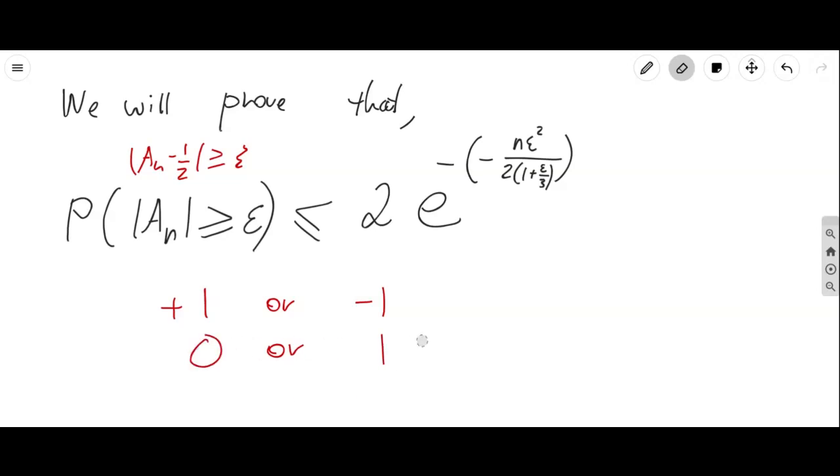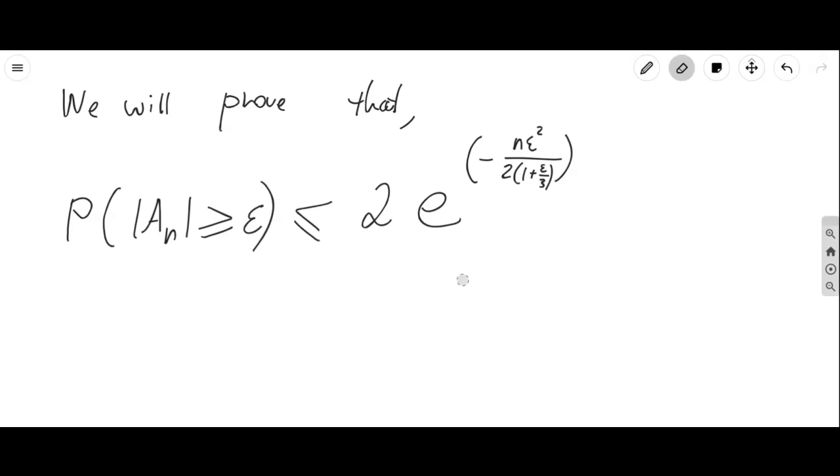And I believe, going off memory, when you do it in this modified case, the inequality comes out to be 2e to the negative n epsilon squared. So it comes out easier to memorize how it's supposed to go. But in this version, when you use plus and minus 1, which is the way we're doing it, there's not supposed to be a negative there. So it's going to be this.